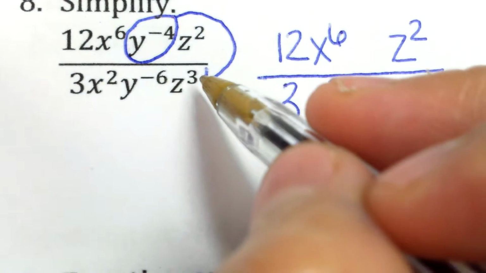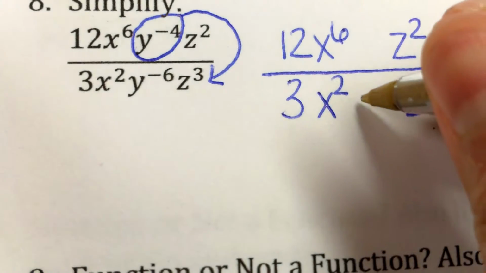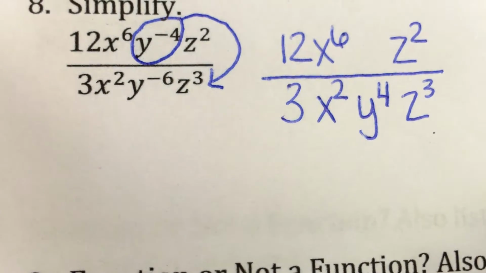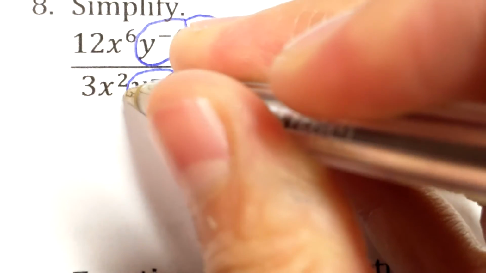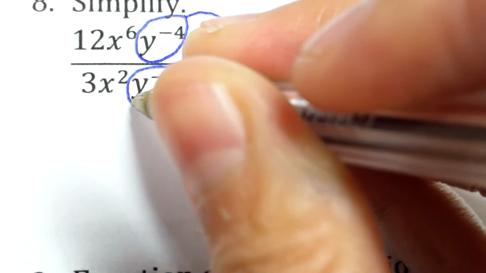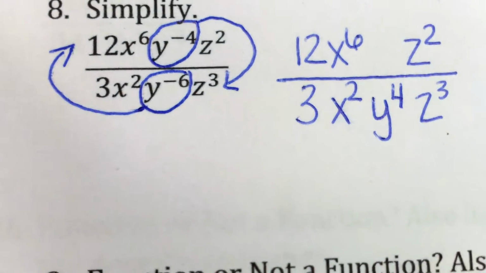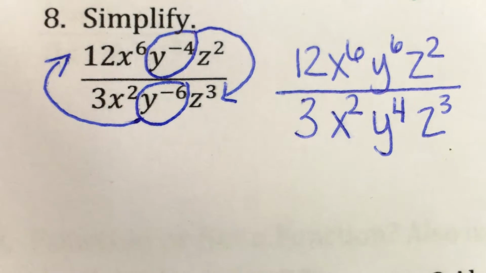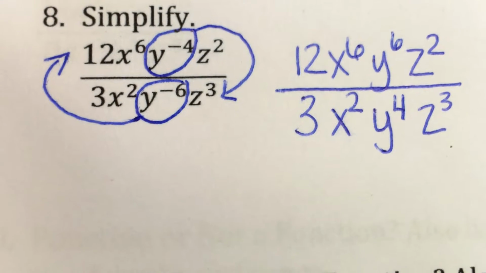When we move it to the bottom, the exponent changes to a positive. So now I have y to the 4th power, positive 4. Now this one right here has a negative exponent, and we are going to move it to the top to make it positive. So now I have y to the positive 6. It's not negative anymore because you moved its location.